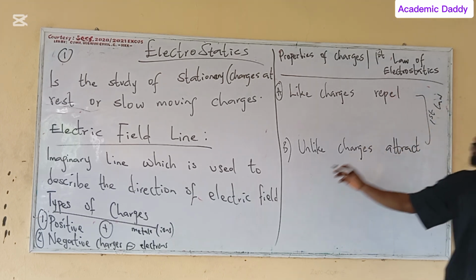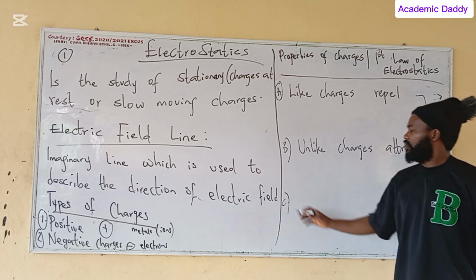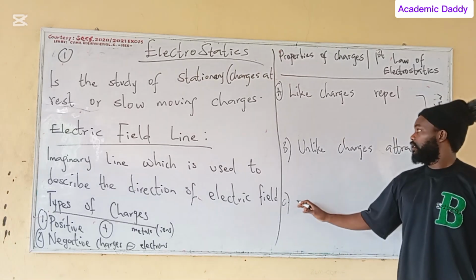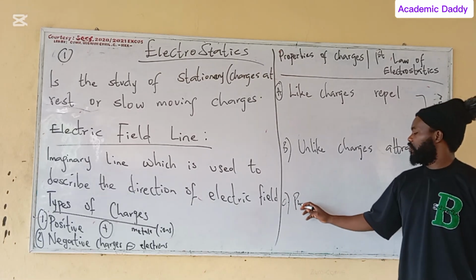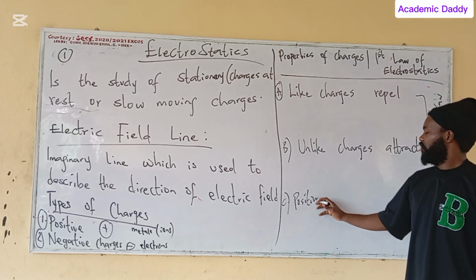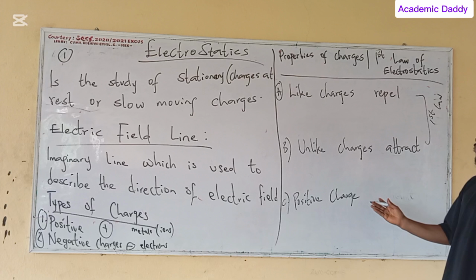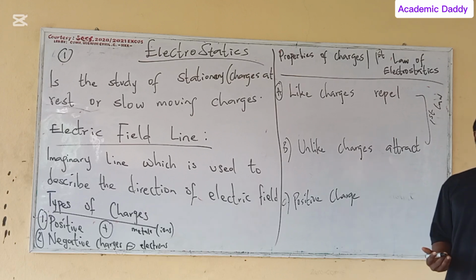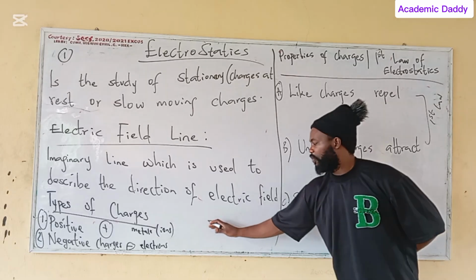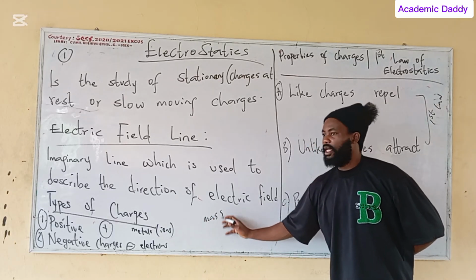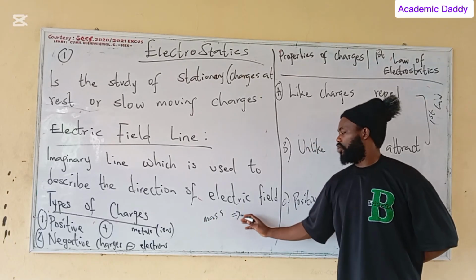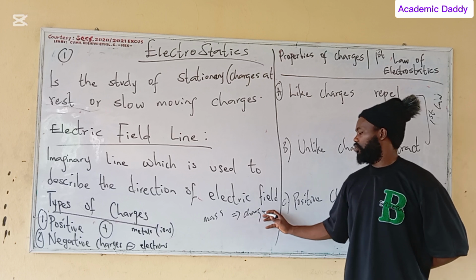But under properties of charges, we still have that the positive charge is the origin. We can say that electric field originates from charges, and the cause of electric field is the presence of charges. The way you see mass as a body in real life, in this study see charge to be equal to mass.